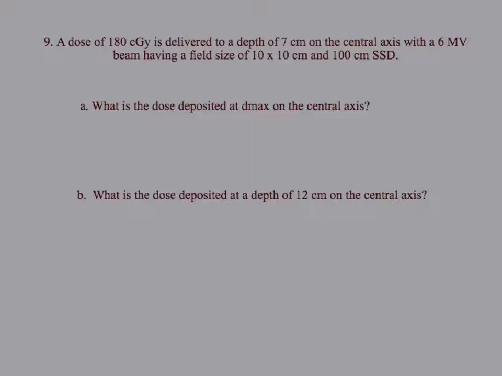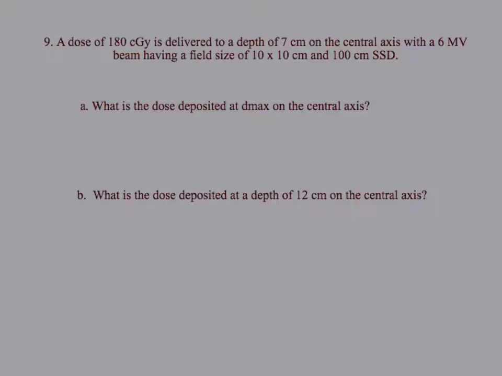Number 9, a dose of 180 cGy is delivered to a depth of 7 cm on a central axis with a 6 MV beam having a field size of 10 by 10, 100 SSD. First of all, A, what is the dose deposited at Dmax on the central axis? How can I get dose at Dmax or dose at a depth?